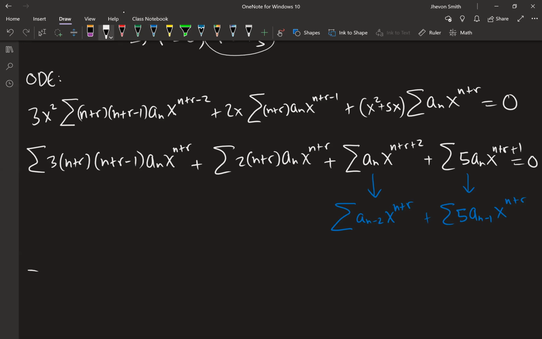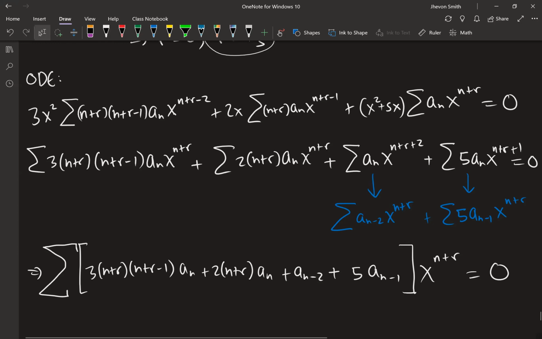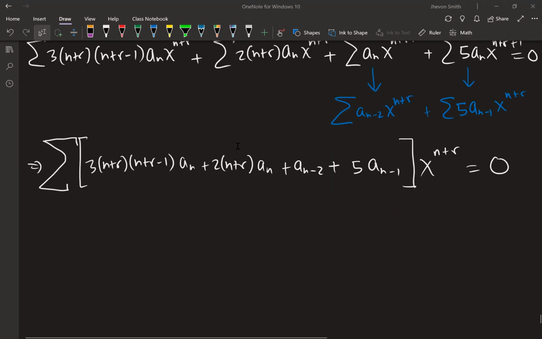And then I would be able to do one big series where I put all these together: 3 times n plus r times n plus r minus 1 a_n, plus 2 times n plus r a_n, plus a_(n minus 2), plus 5a_(n minus 1), all times x to the n plus r. Okay, so we have that.